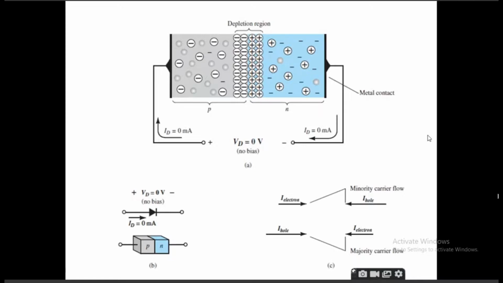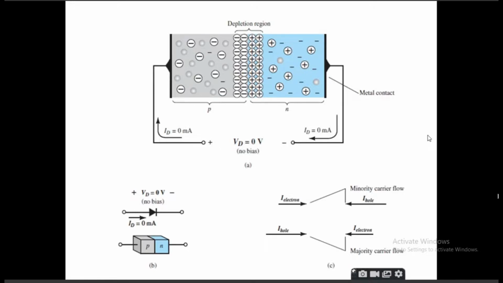Yeah, it is the immobile ions. Okay, it is the immobile charges over there, which are shown by the negative sign with a circle. Similarly, on the N side, you have a plus sign within a circle, and they indicate positive ions.